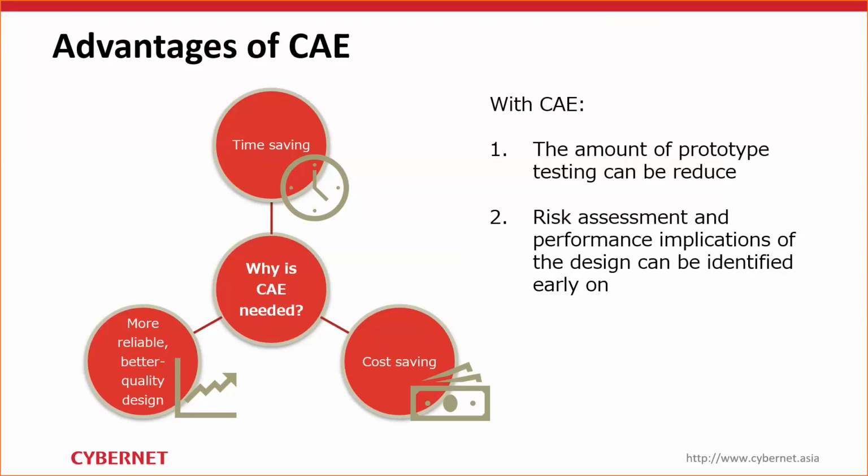Imagine if you are designing a product, and later on when the product is on the verge of the production process, you identify a major flaw. The design change that you have to make at this particular stage will have a big impact in terms of cost. So with CAE, you can simulate almost any possible condition under any kind of worst case scenario to identify the product performance earlier on in the design stage.